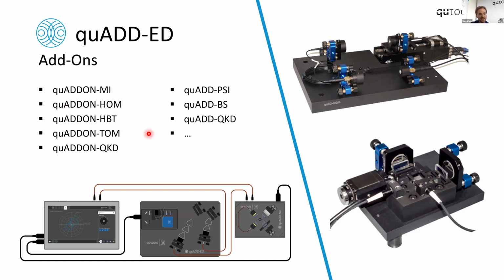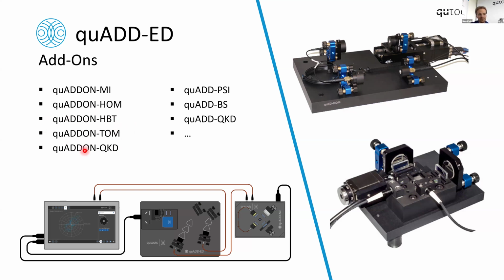Then there's the HBT add-on, which introduces a fiber-based beam splitter, with which you can show that the photon will not be divided by a beam splitter and will exhibit particle-like behavior and go in only one exit at a time. And you can also show that the source produces heralded single photons and measure a G2 function, for example.